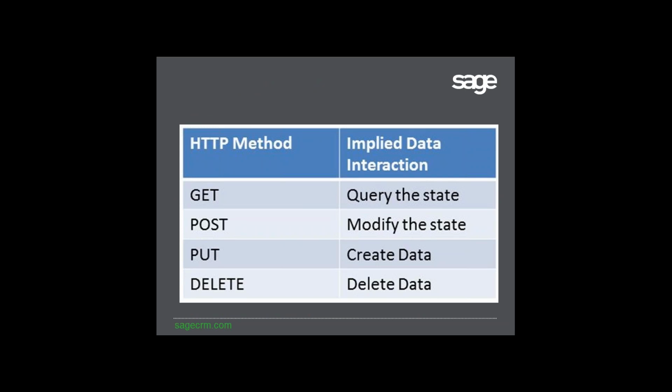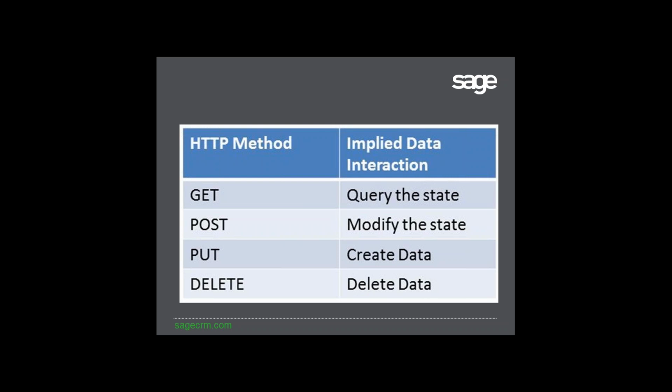If we know that we can imply a certain behavior, like GET queries the state of the application, POST modifies the state of the application, PUT is pushing or creating information into the system, and DELETE is obviously deleting information.